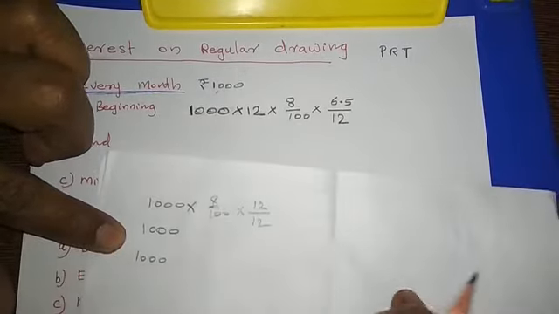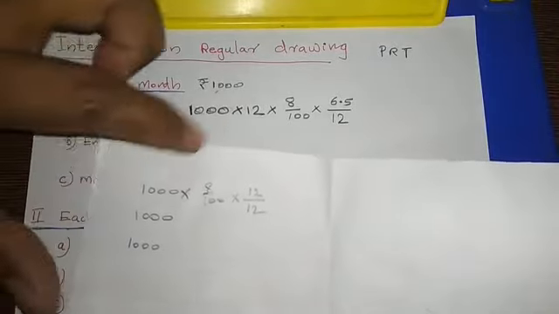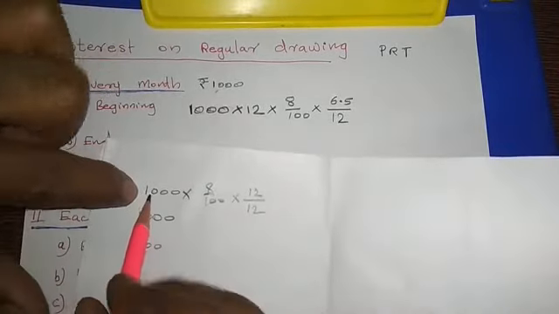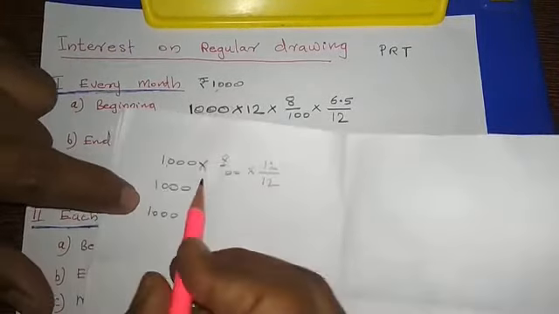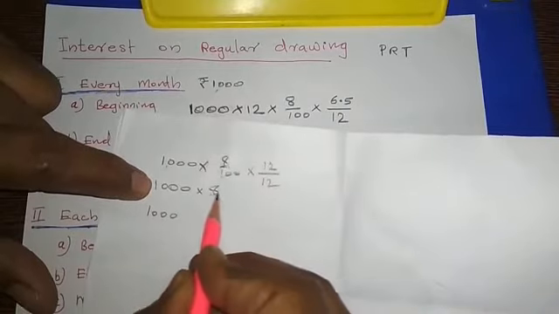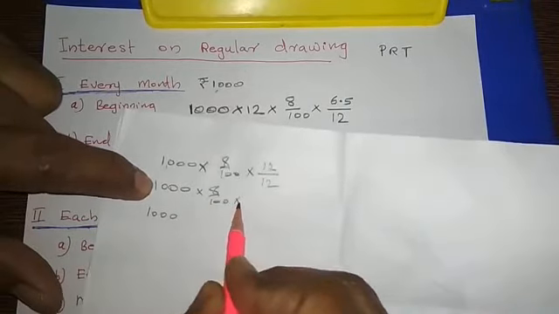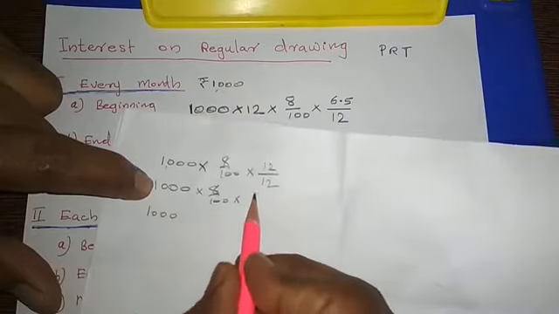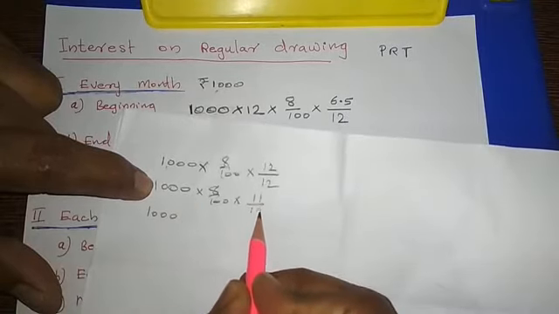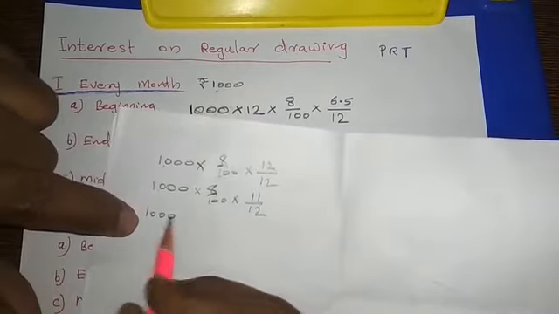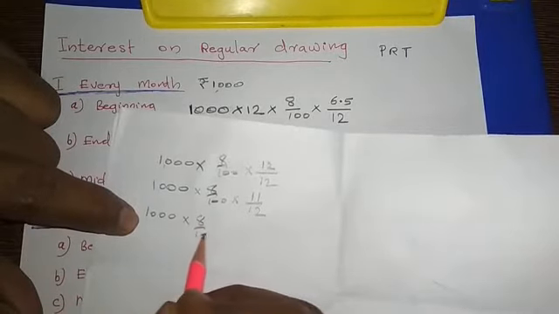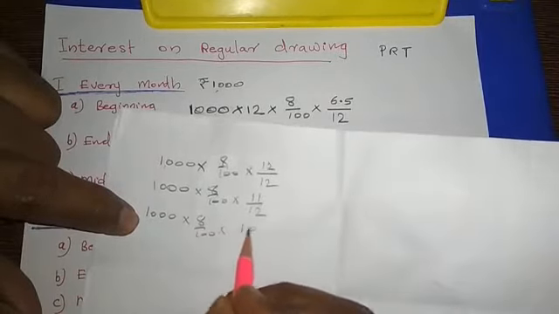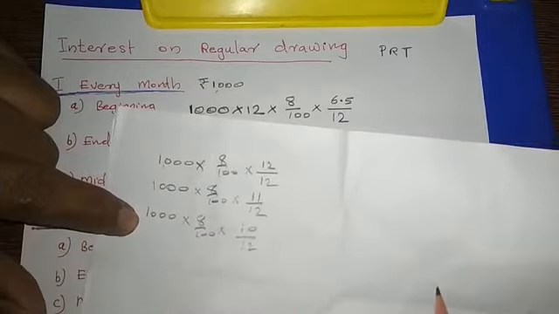This gives the first drawing's interest, and the second drawing's will be this into rate upon 100 into, and the second drawing is made at the beginning of the second month, so 11 months remain, so 11 upon 12. And the third drawing, this into 8 upon 100 and 10 upon 12, like that it goes.